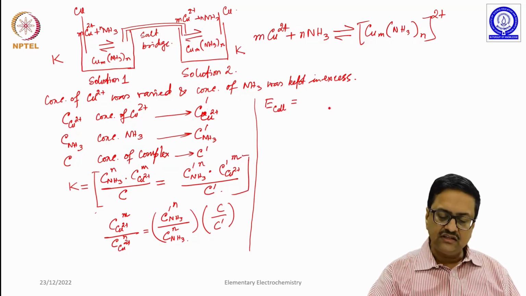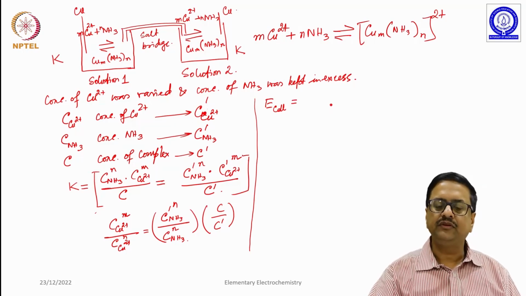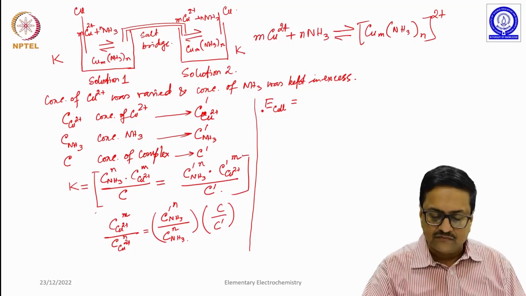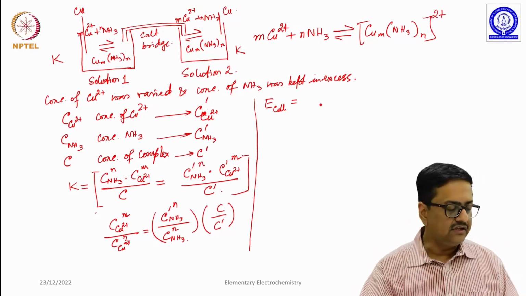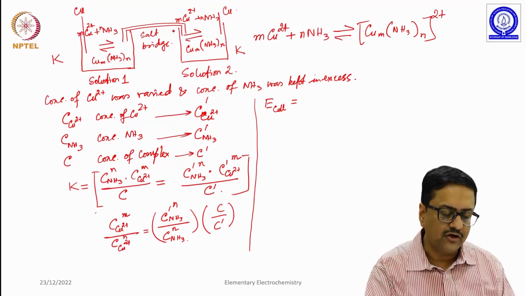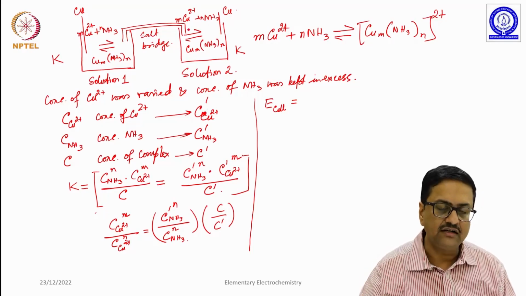So, now using the concept that we have learnt in the previous class, you can calculate what should be the value of E cell in terms of these concentrations, where the concentration of copper and ammonia are different.